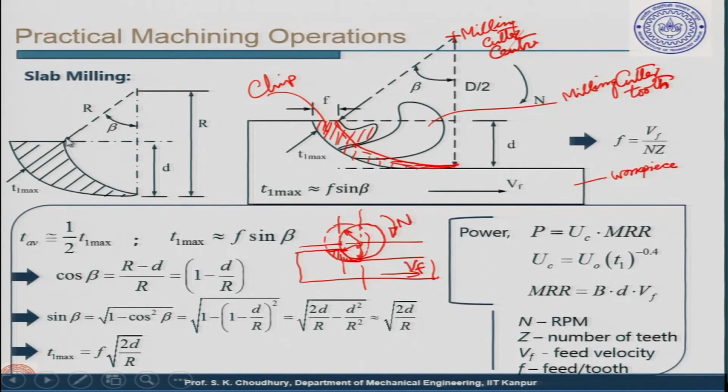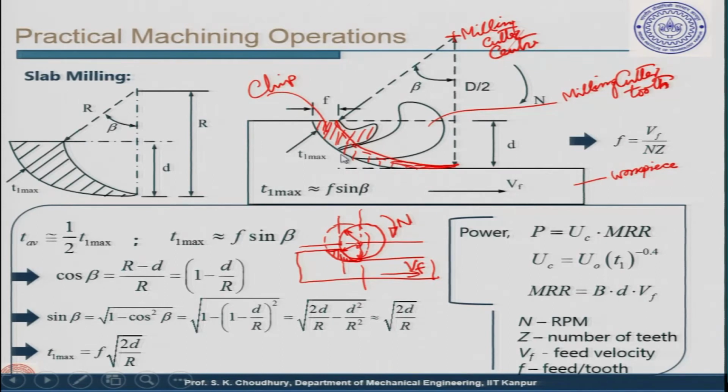From this point to this point, when the chip is formed, this is one chip which is formed like this. Okay. This is called the maximum uncut thickness. And here, in case of milling, in comparison to turning, it is different, because the T1 max, the maximum uncut thickness, goes from 0 to the maximum. Here it is 0 and here it is maximum.